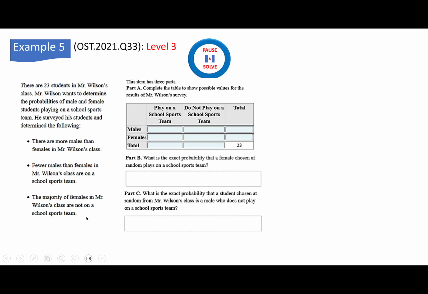So let's see what we have here. The first one, we know that there are more males than females. So here you have to make a choice to put more males than females. And that's why the second question says complete the table to show possible values. Possible values meaning there will be more than one good answer. So if I put 10 and 13, 13 and 10, that's fine. That satisfies this information.